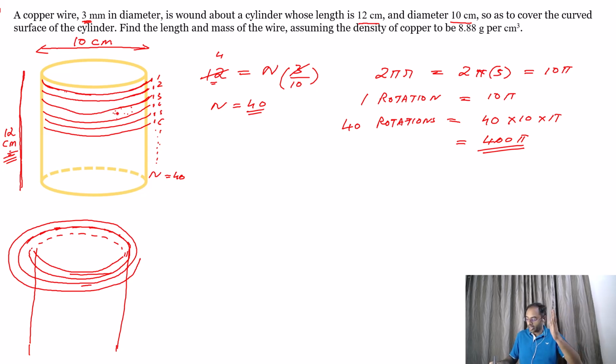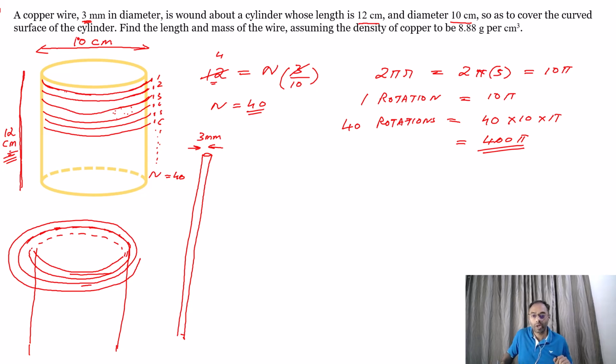If we unwind it and stretch it, the wire looks partially like a cylinder. We already know this wire is 3 millimeters in diameter. Now, once we unwind this, we need to find the length of this wire.